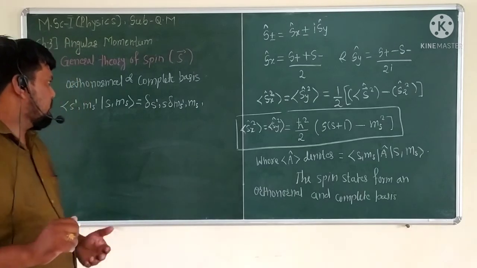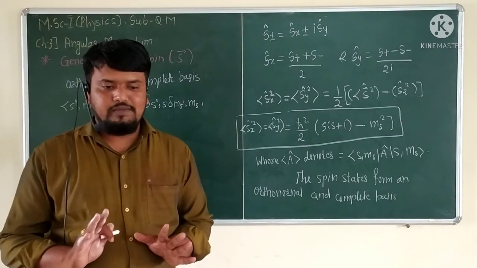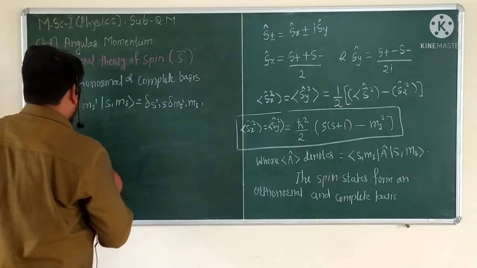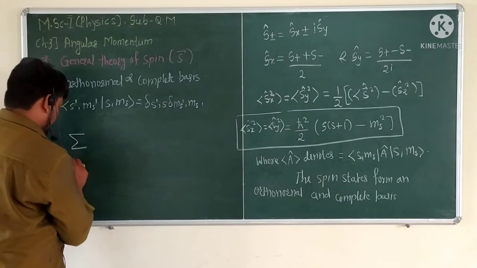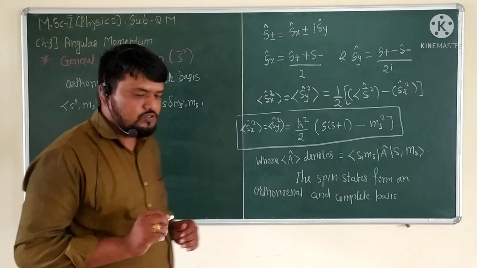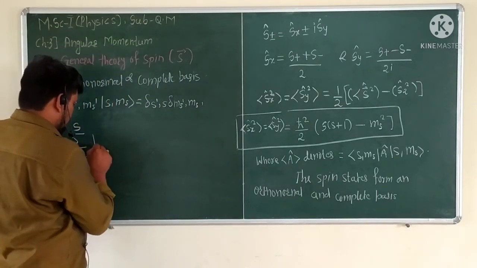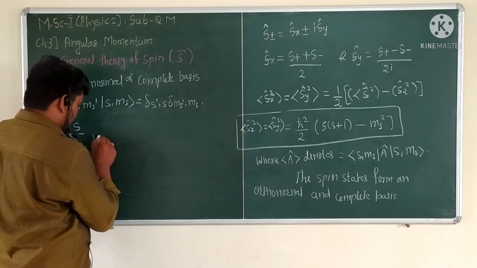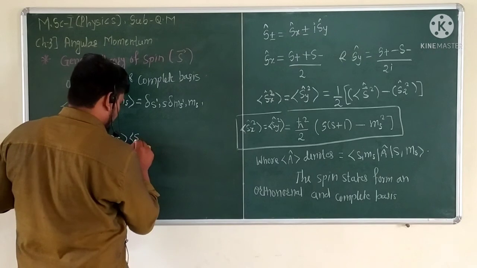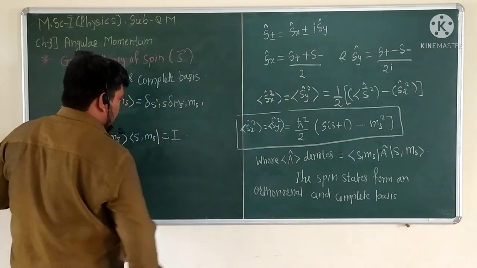And for this relation we get the identity matrix: the summation over ms from minus s to plus s of the ket vector s comma ms and bra of s comma ms, and this is nothing but the identity matrix.